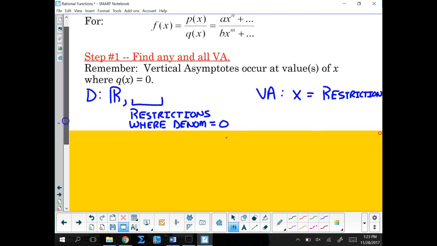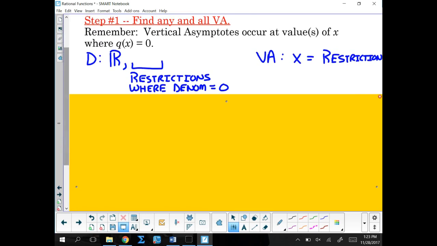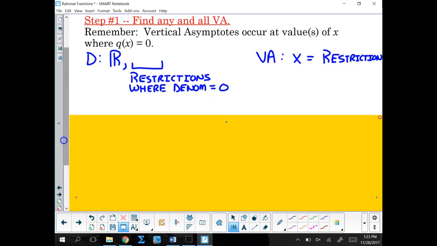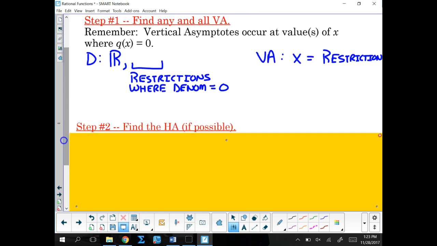Today, we're going to go on to step number 2. Step number 2 says find the horizontal asymptote. Now, with the vertical asymptote, how many can there be? As many as you have restrictions for, right?